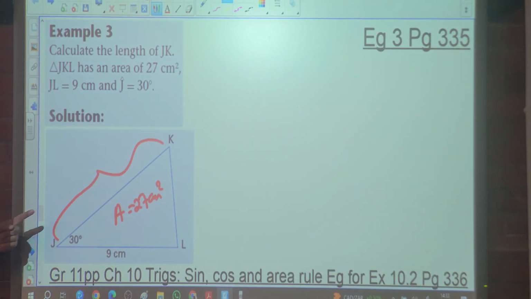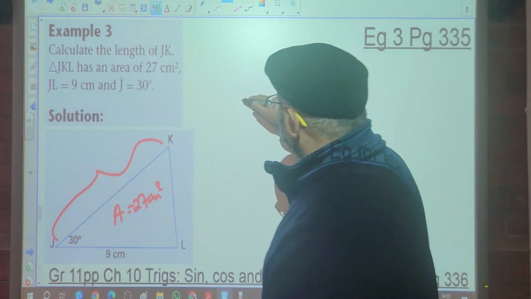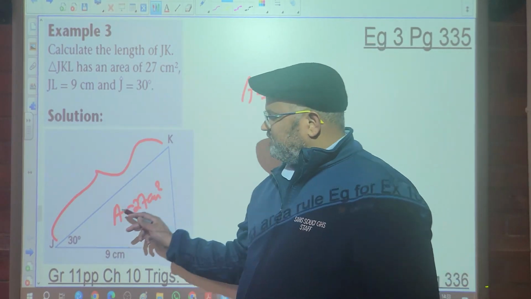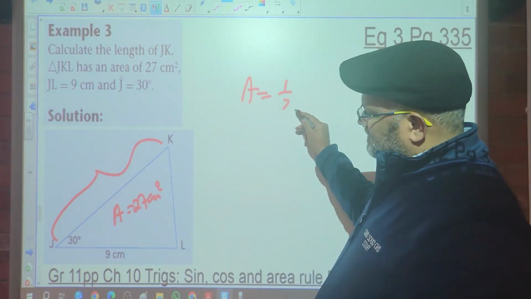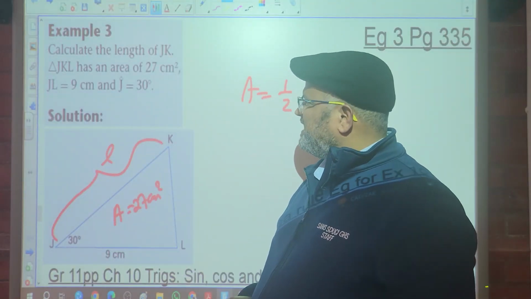So what do we say? What do we see? We have two lengths, an included angle, and we got the area. Can you see that? Yes. So what we are going to do is work in reverse. Okay. So how do we calculate the area with that information? Area of the triangle is going to be half. So what is this also known as? L, lowercase l.